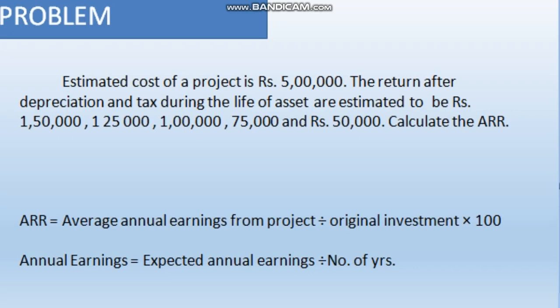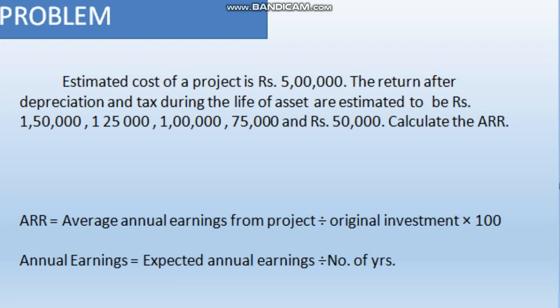The return after depreciation and tax is also given. For first year it is 1,50,000, second year it is 1,25,000, third year it is 1 lakh, fourth year it is 75,000 and the fifth year it is 50,000. And in the question they are asking you to calculate ARR.